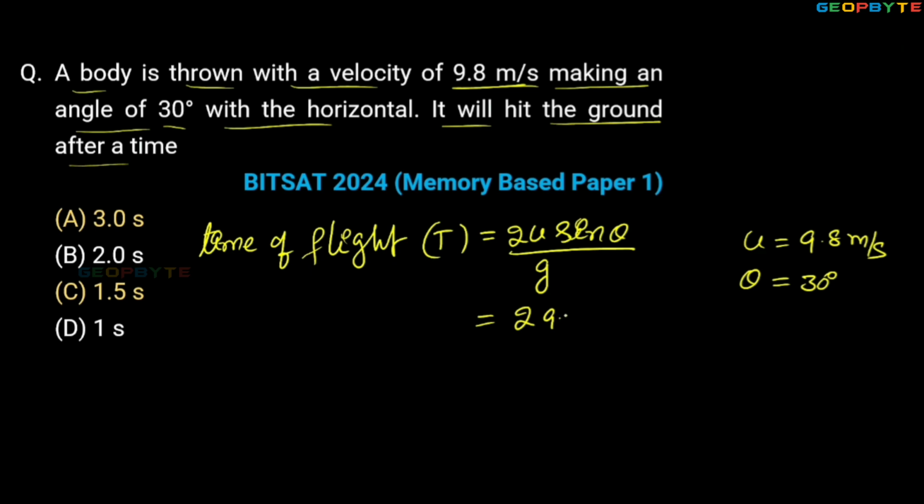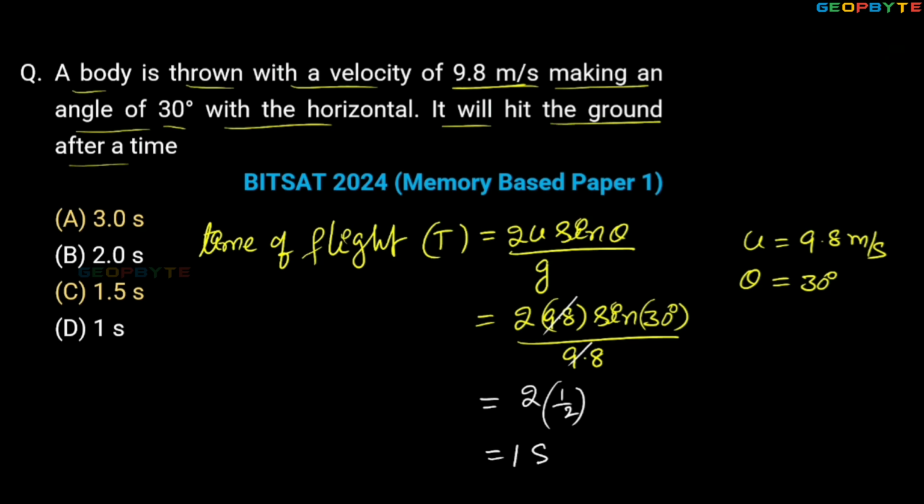So 9.8 into sine 30 degrees divided by g, 9.8. This 9.8 and 9.8 cancel. Finally, it is 2 into sine 30, 1 by 2. 2 into 1 by 2 equal to 1 second. That means the body is hitting the ground in 1 second only.